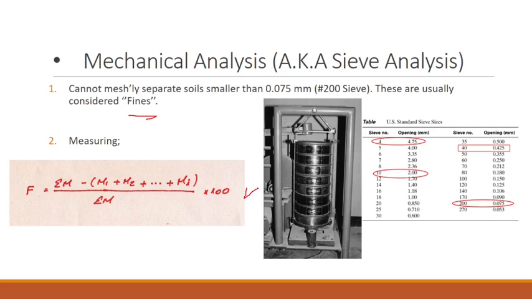We have a formula, and in the measuring part, we determine the mass of soil retained on each sieve, determine the total mass of soil, determine the cumulative mass of soil, and we can find the percent of soil passing.